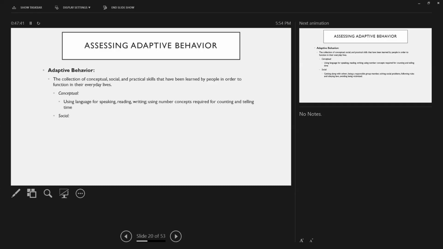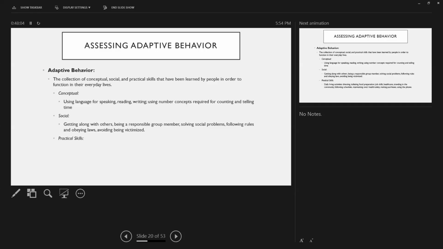What was one of the examples that the textbook provided us? Getting along with others. There you go. Solving social problems, following rules and obeying laws, avoiding being victimized by other people.